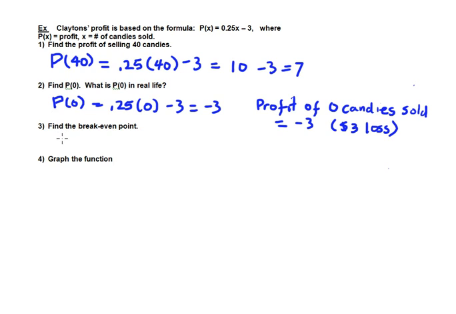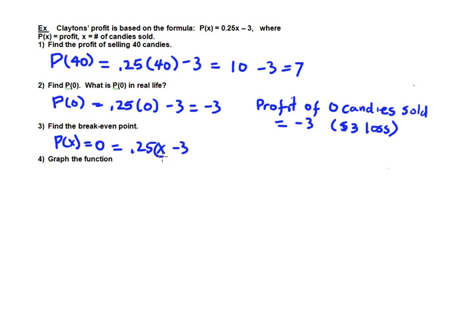Next, we're asked to find the break-even point, and break-even means that no money is lost and no money is gained. So the profit, P(x), is going to be equal to 0. If we go back to the equation, letting P(x) equal 0, we have 0 = 0.25x - 3.